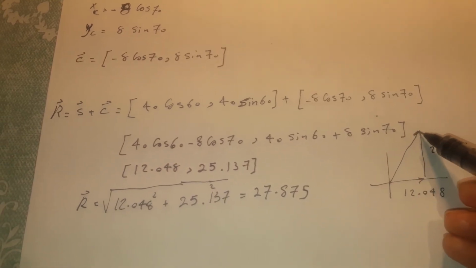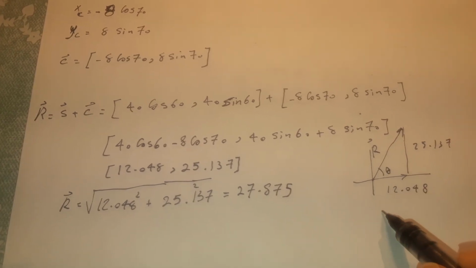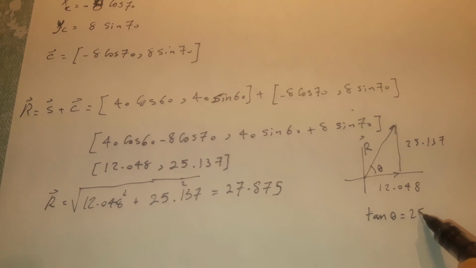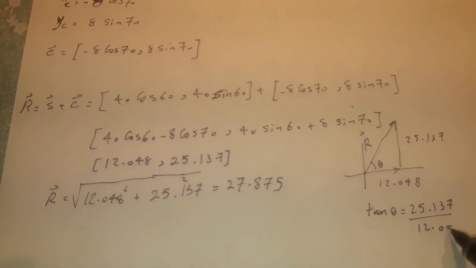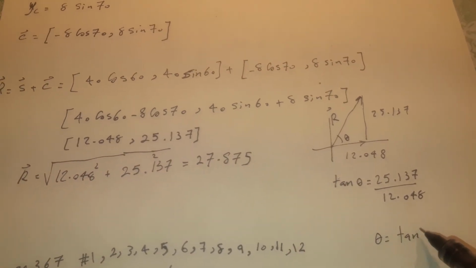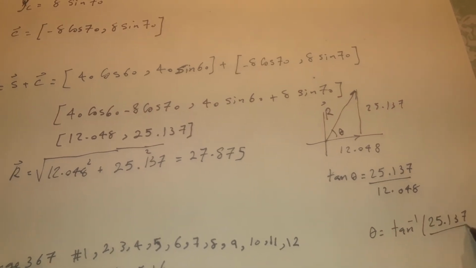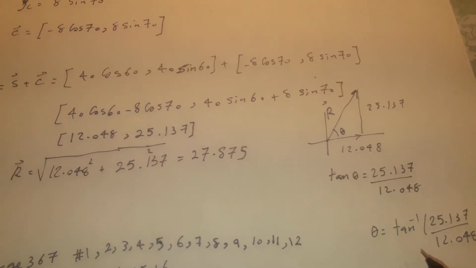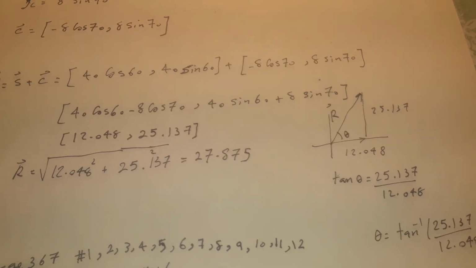So this is going to be R, right? I need to find this theta. I can use tan theta equals 25.137 divided by 12.048. Theta is the tan inverse of this. Now using a calculator, it is 25.6.